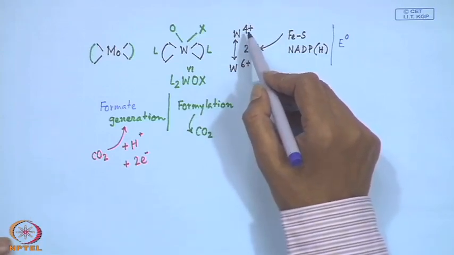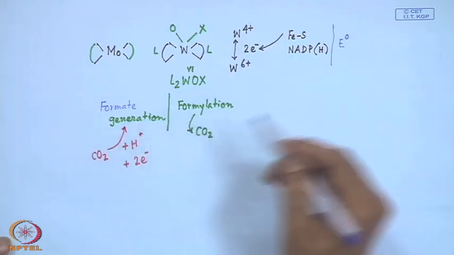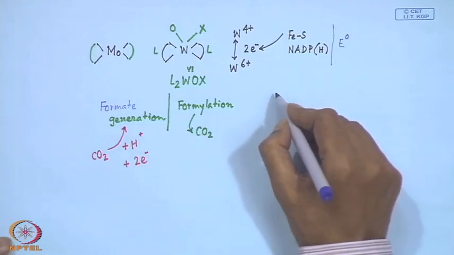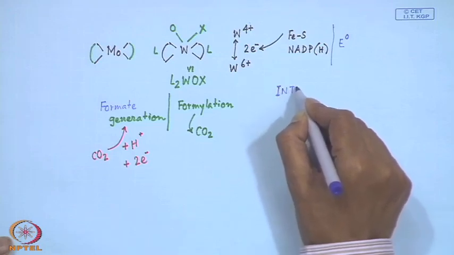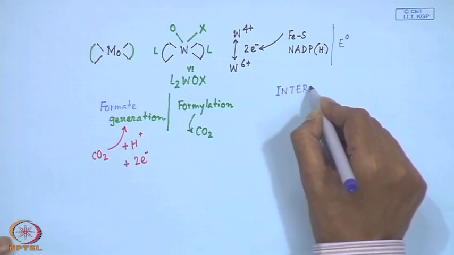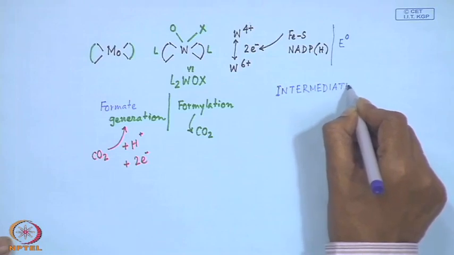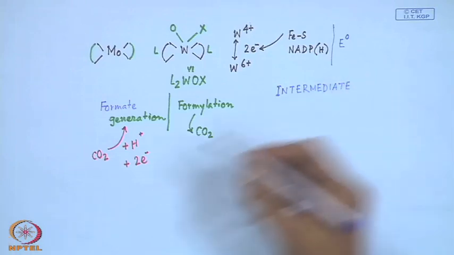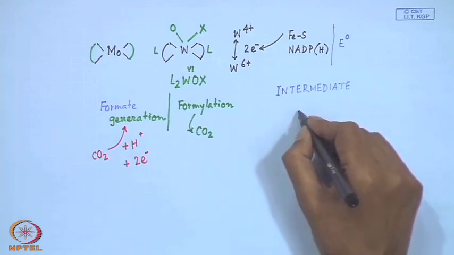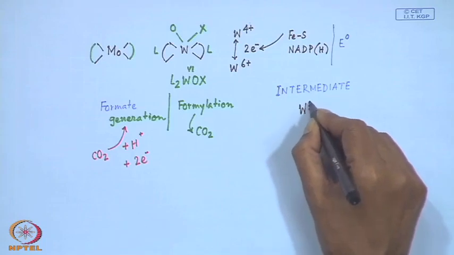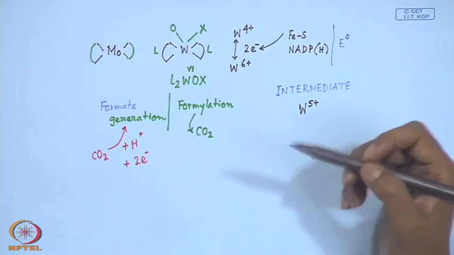tungsten 4 site. The total reaction is a 2 electron transfer reaction, but some catalytically active intermediate may be formed there. If that intermediate is present, which is a typical metal ion center, that means the tungsten center having an intermediate oxidation state, that means tungsten 5+, then these 2 electrons cannot be delivered at a time.